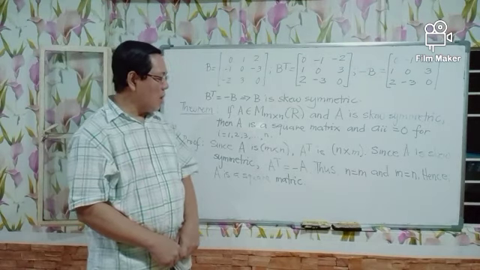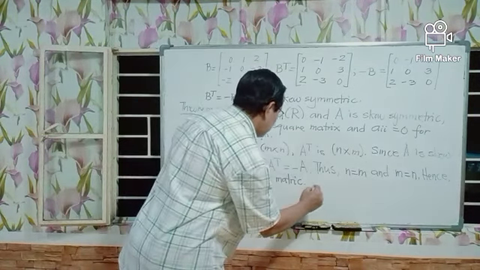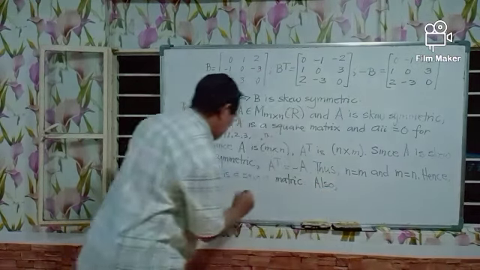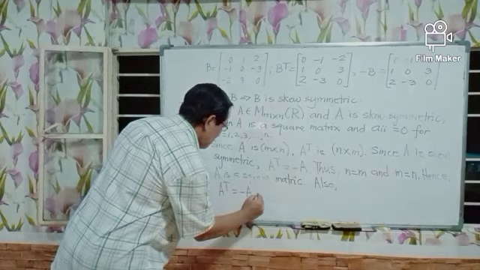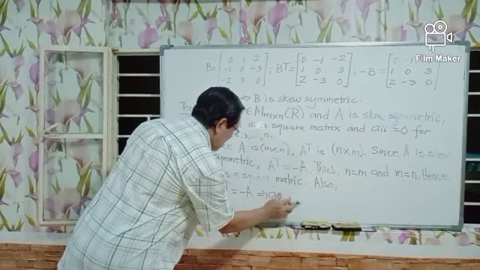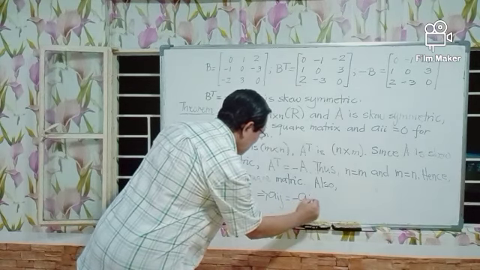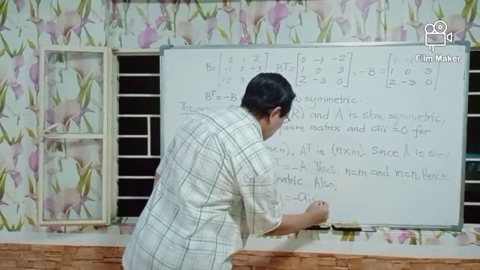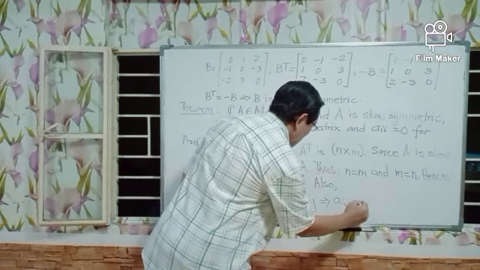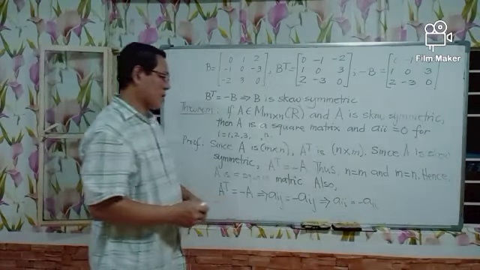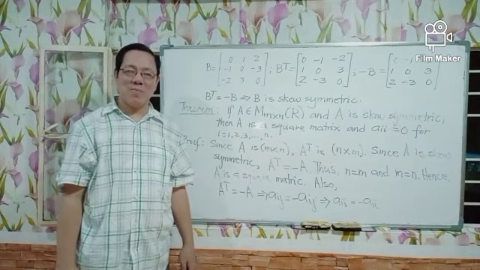So if we denote the entry of A transpose by A sub ij, by the second property of the equality of matrices, the corresponding entries of the two matrices must be equal.